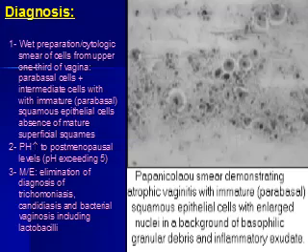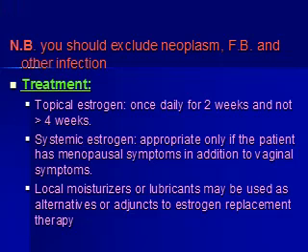They will show some intermediate cells with immature parabasal cells in absence of mature superficial squamous cells. Before treating a case of atrophic vaginitis, you should exclude neoplasm, foreign body, and other infections. Treatment in the form of topical and systemic estrogen is given. Local lubricants may be used as an alternative to estrogen replacement therapy.